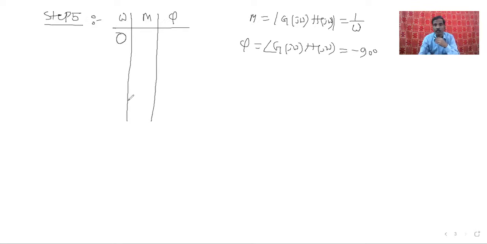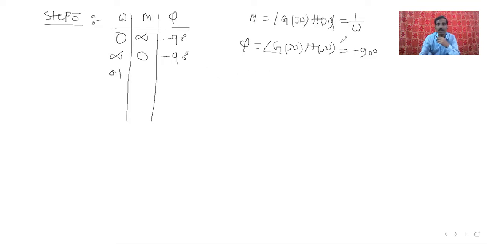Put omega equals 0, then the magnitude is something by 0, which is infinity, and the phase angle is minus 90 degrees. Then omega equals infinity gives something by infinity, which is 0, and the phase angle is again minus 90 degrees.